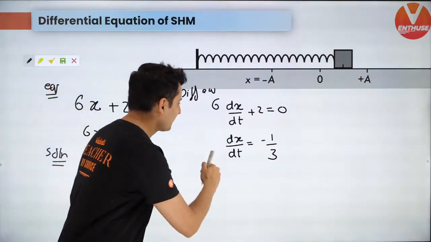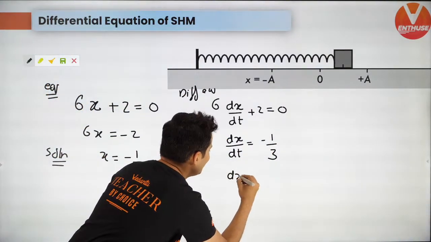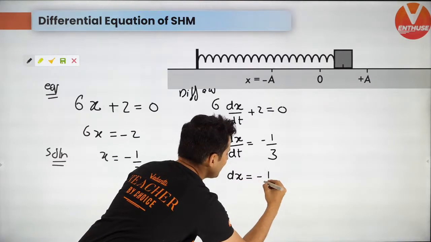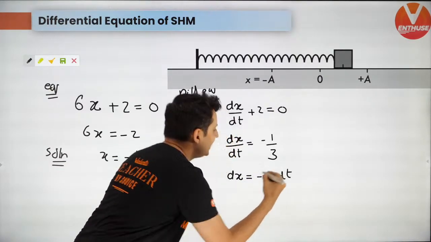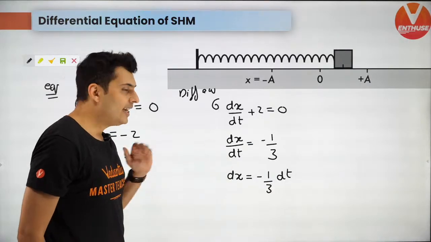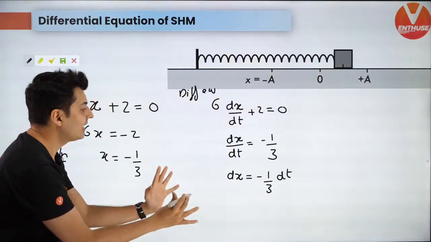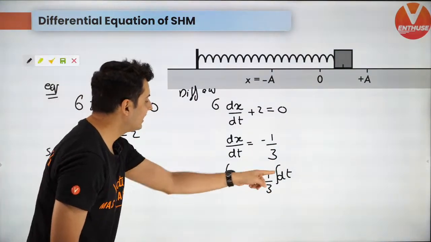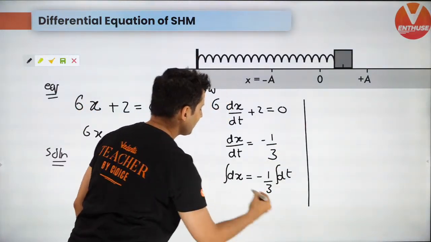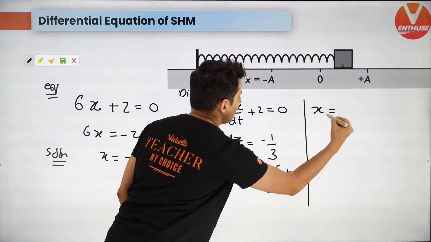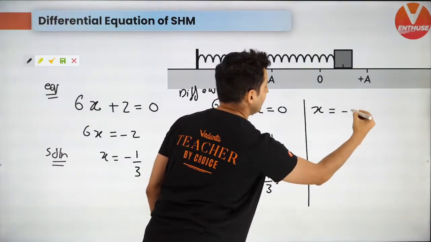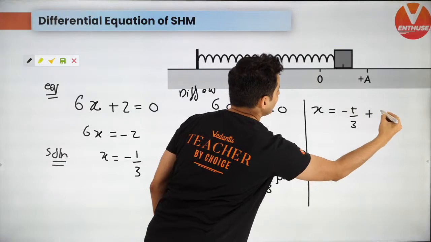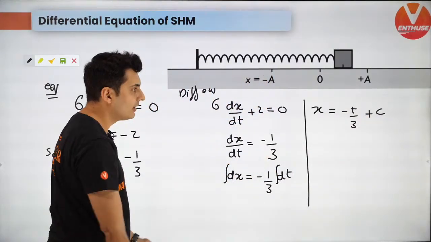Well, hold on. Just rearrange it further. You will get dx is equal to minus 1 by 3 dt. Why did I do it like this? Because I can integrate. If you integrate dx, you will get x. If you integrate dt, you will get t, plus one constant, because I did not put any limits.